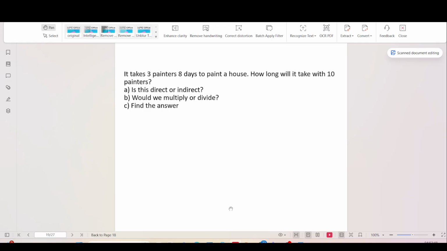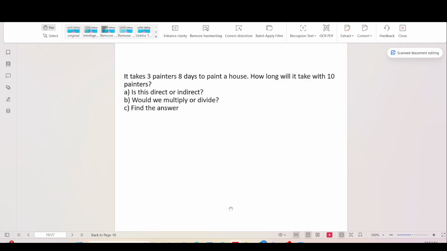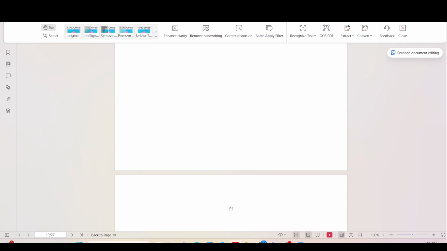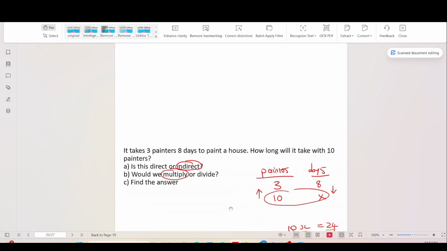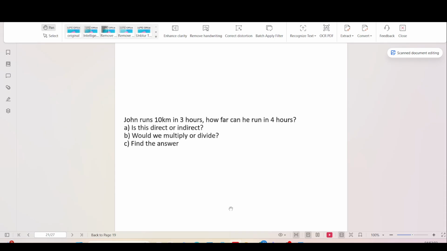Whatever that's equal to, 24 divided by 10, right? Wait, I thought it was 10 over 24. Because 24 is equal to 10x, so x will be 24 over 10. Oh, yeah, oopsies.